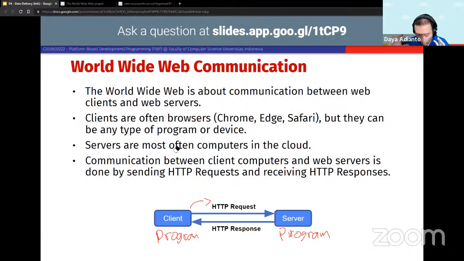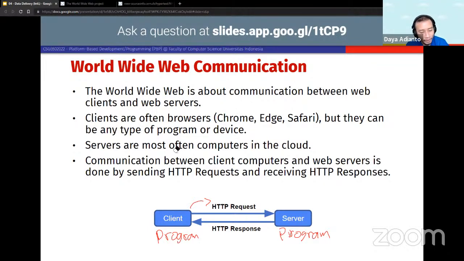And then the function in the Django application will handle that. And eventually, it will do some data processing. And at the end, it will produce an HTTP response or response object. And that response object is the output of the program that is running on the server, right? And then that same output will be sent to the client.